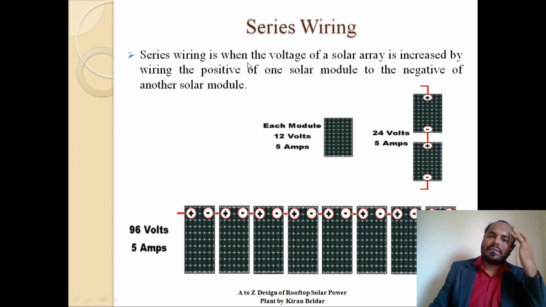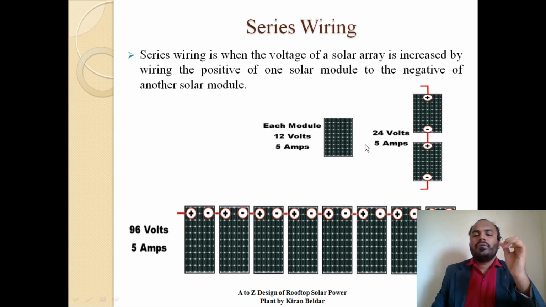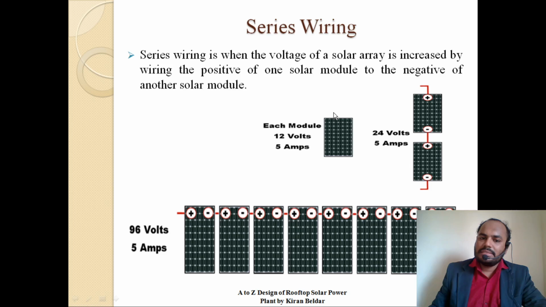Now we will see the series and parallel wiring connection. The first is series wiring. Here we have chosen one module. Each module has a rating of 12 volt and 5 ampere. Whenever we connect modules in series, the voltage gets added and the current remains the same. That is very important.